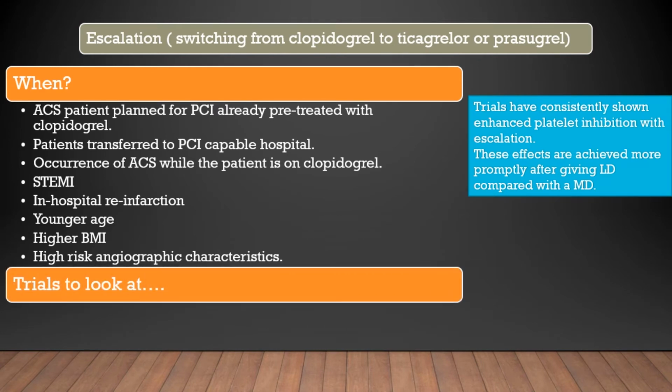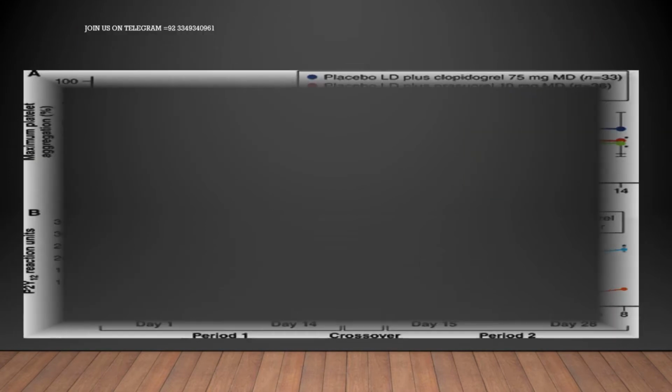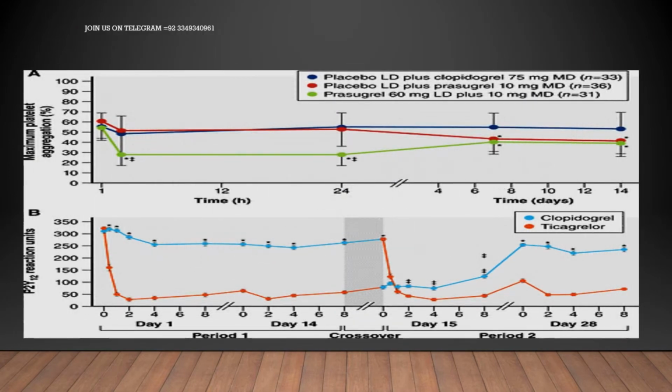Some of the trials that I will recommend you to look at are the SWAP and the RESPOND trials. And this is again the placebo loading dose plus clopidogrel, and placebo loading dose plus prasugrel, and prasugrel 60 mg loading dose plus 10 mg maintenance dose comparison, and it is compared with the maximum platelet aggregation.